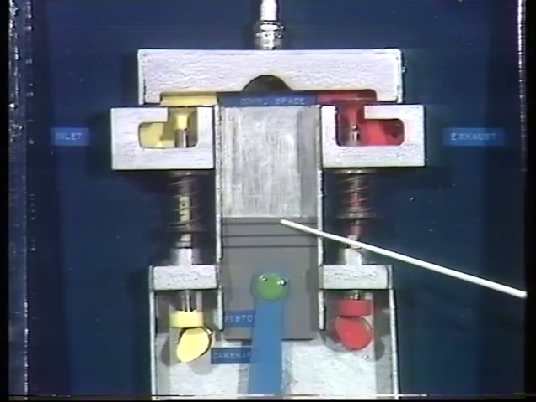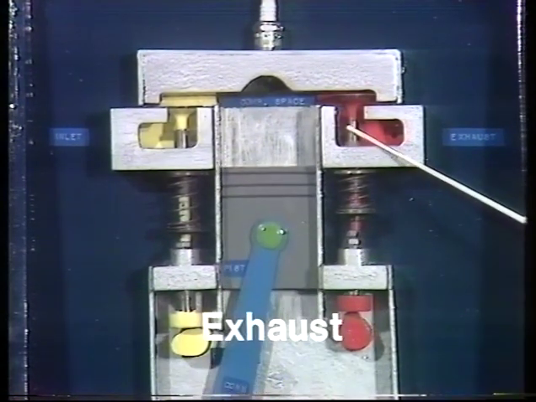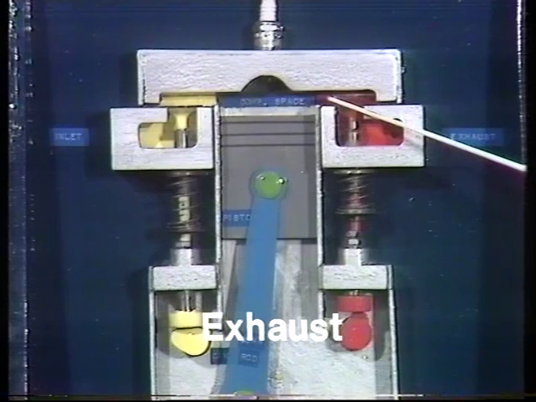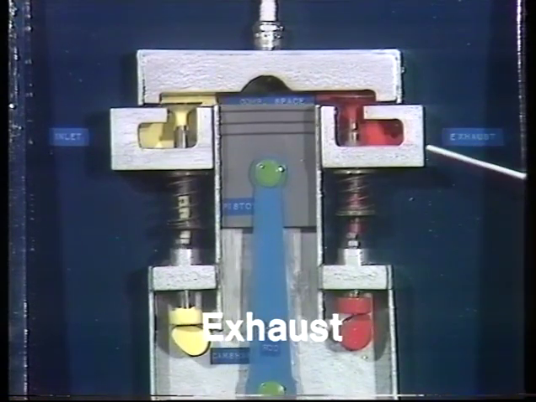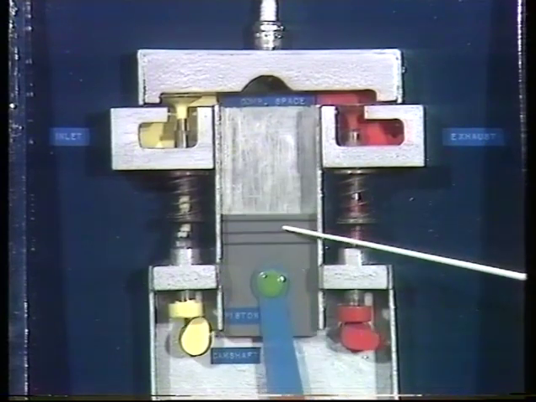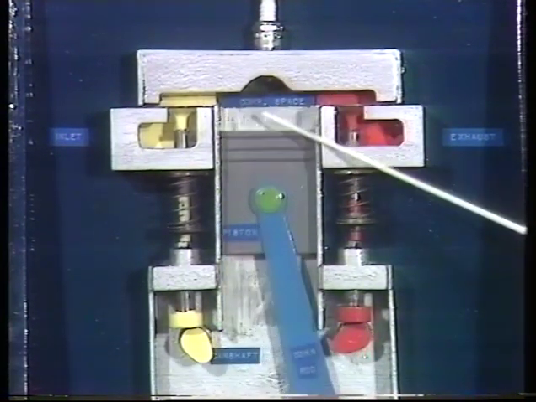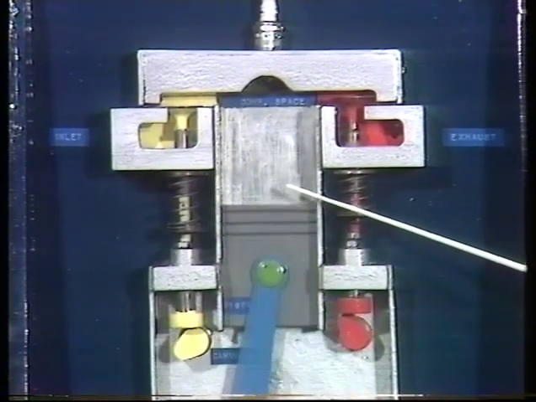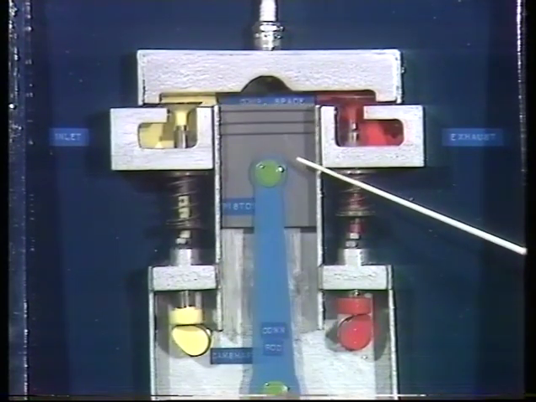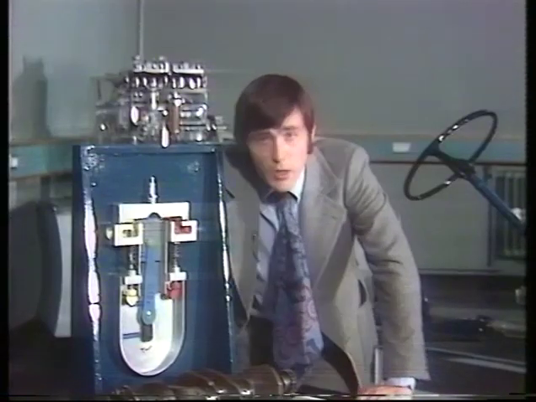And finally, the last stroke, the piston rises, the exhaust valve opens, and the burnt gases are forced out here at the side. Very briefly once again then, down, induction, compression, gases are ignited, power stroke, and finally exhaust. You can see that the piston has gone up twice and gone down twice, 4 strokes.